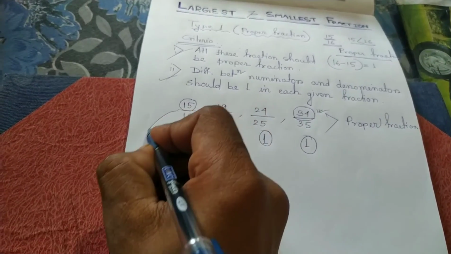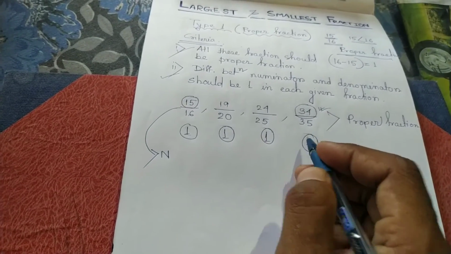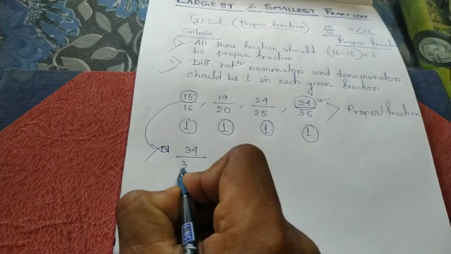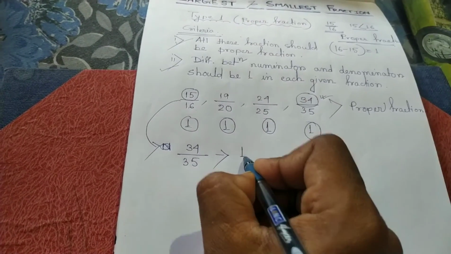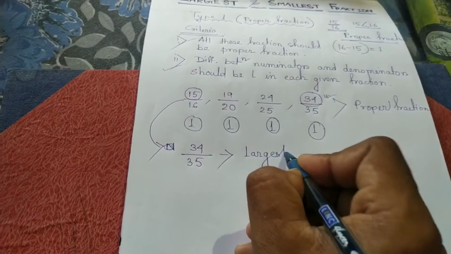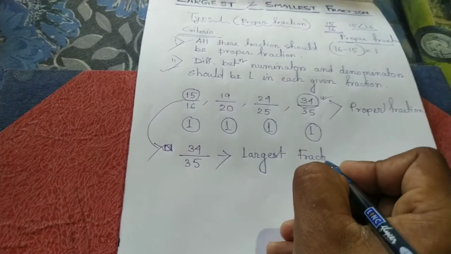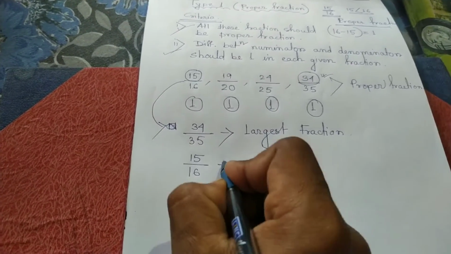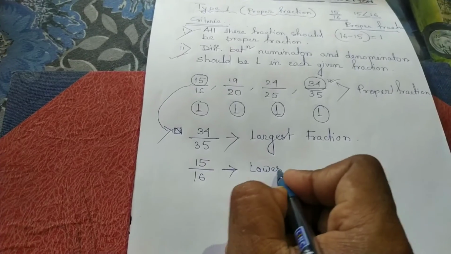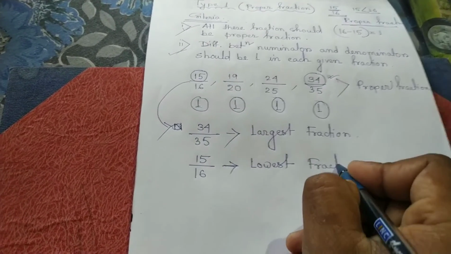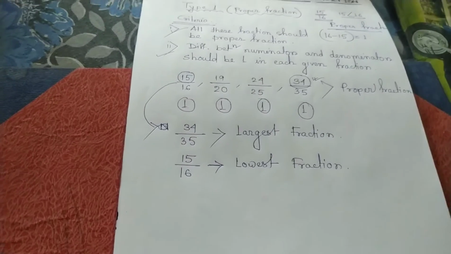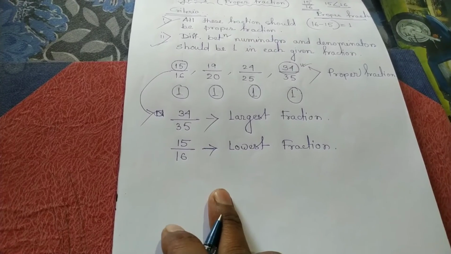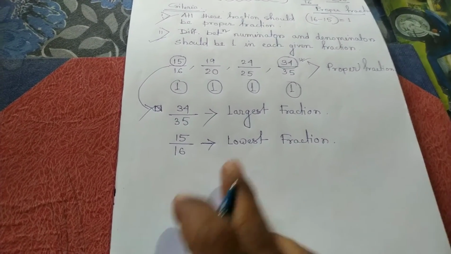So you can easily say that the highest numerator, 34 upon 35, is the largest fraction, and 15 upon 16 is the smallest fraction. So you can see how easily you can determine the largest and smallest fraction in this type.